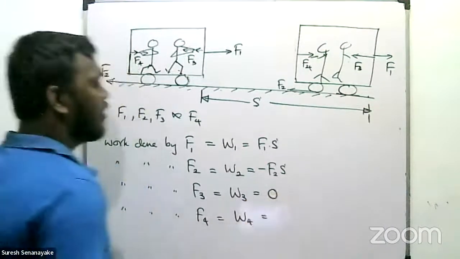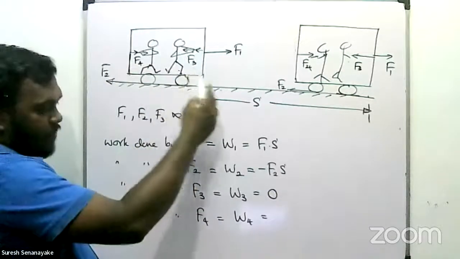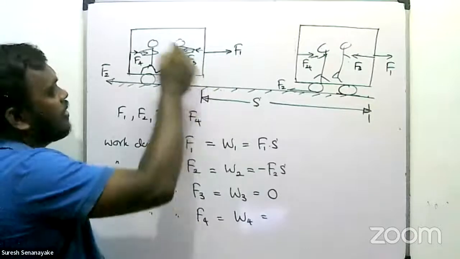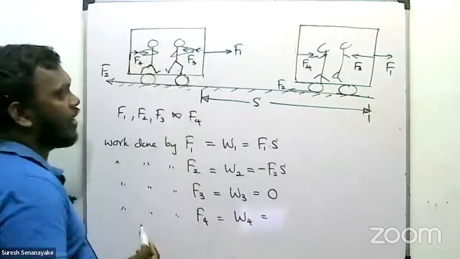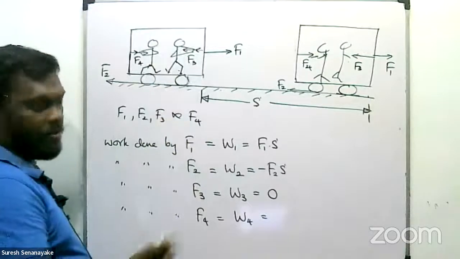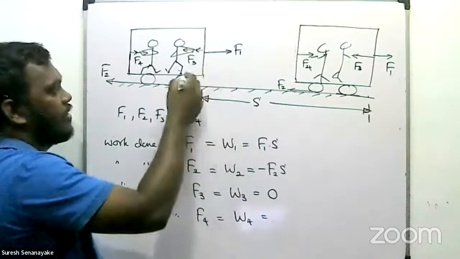Because this F3 is applied opposite to the direction of its motion, but these internal forces acted on this body cannot move the body, this vehicle. The motion only comes because of the external force.